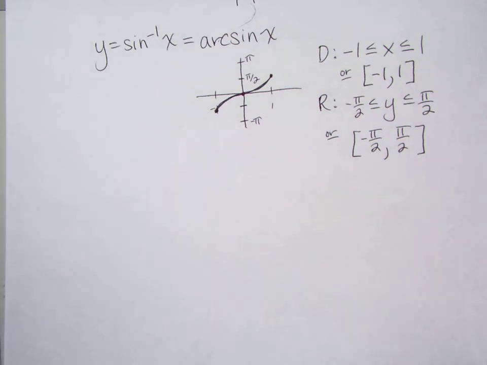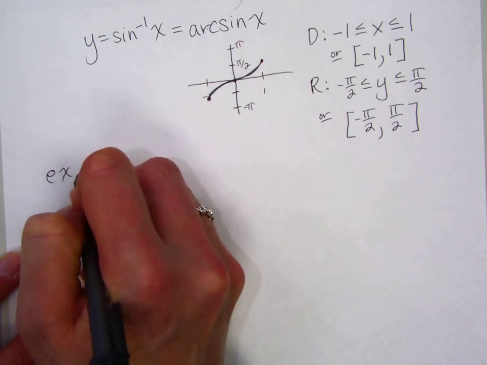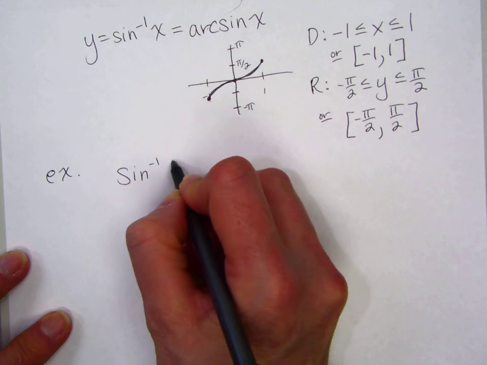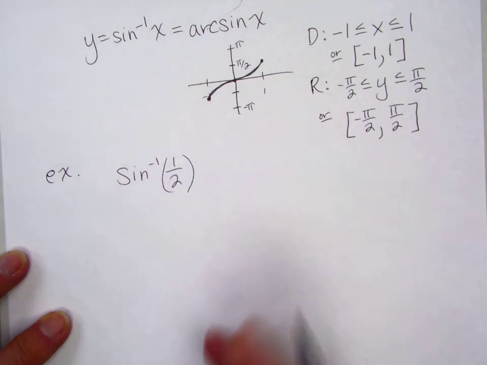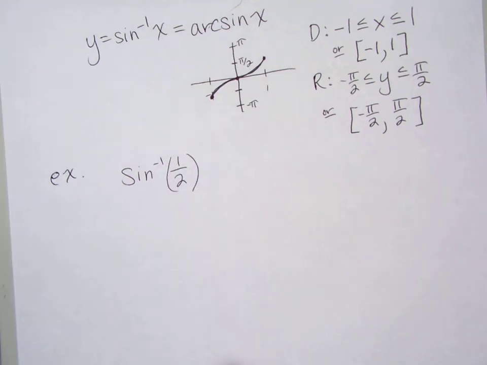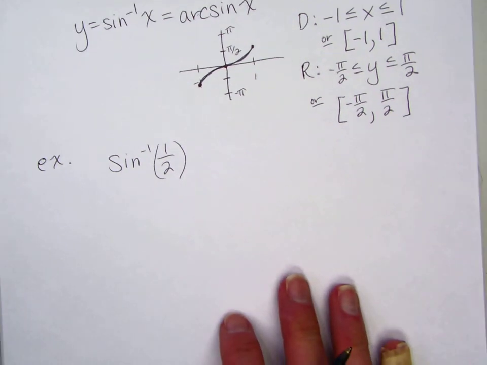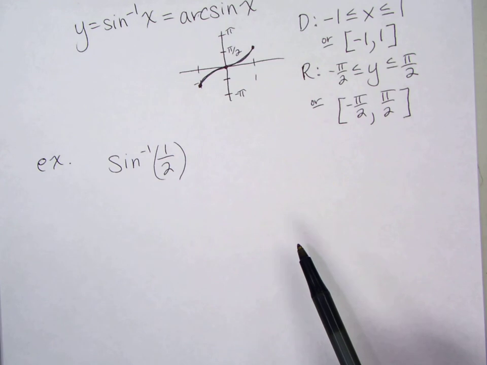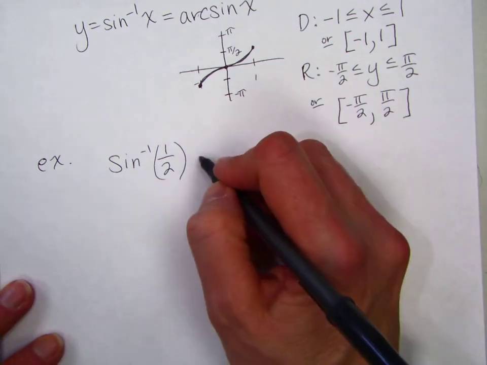Then we have examples like this, where it wants us to find the inverse sine of a half. If it doesn't tell you your mode, you can pick it, but if it does, you'll want to follow that. Let's say we want to find this in degrees.